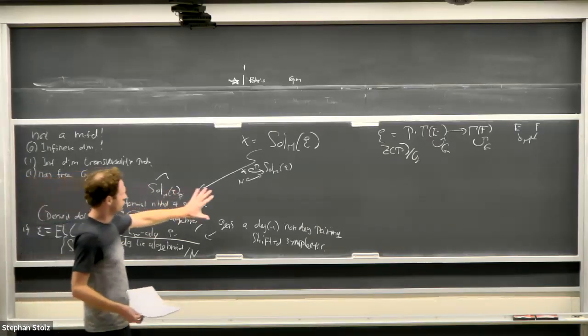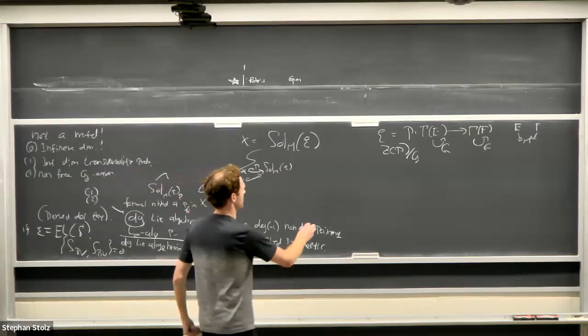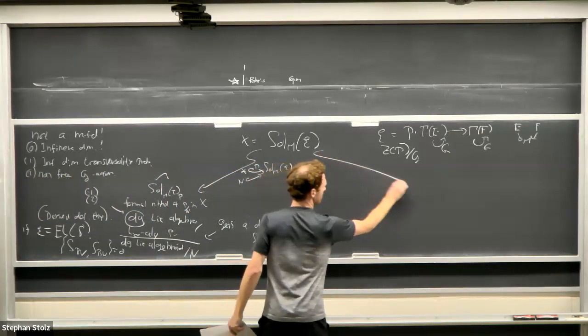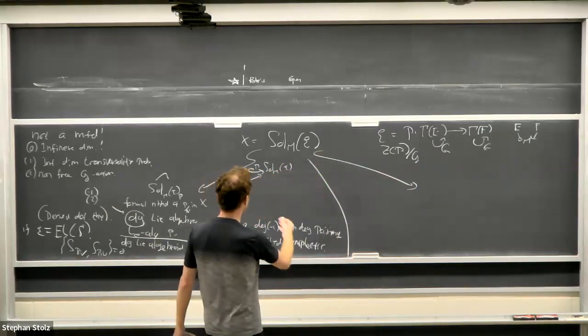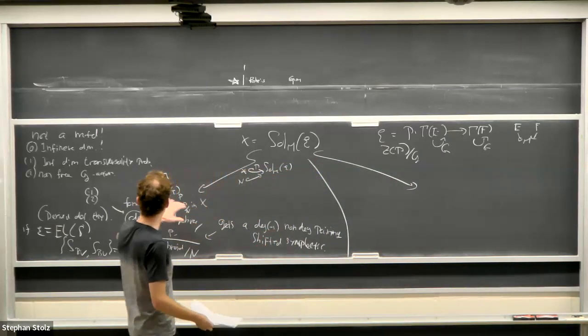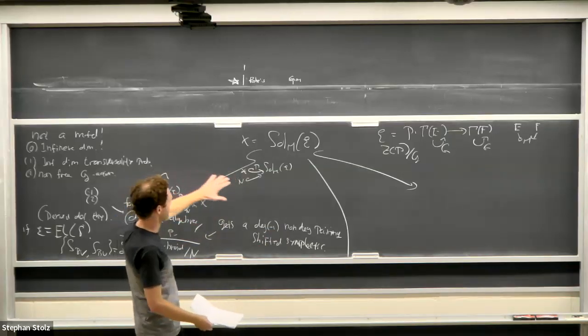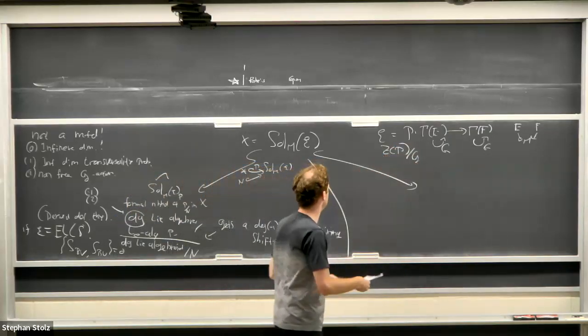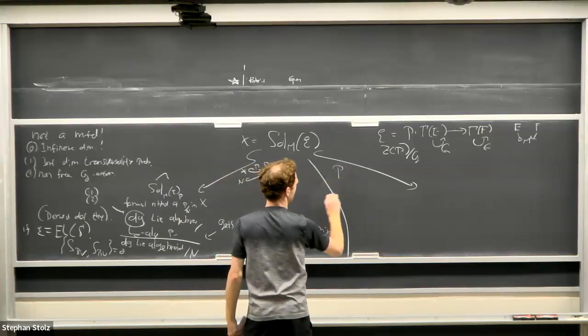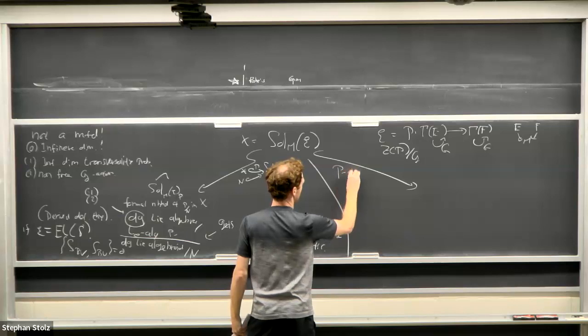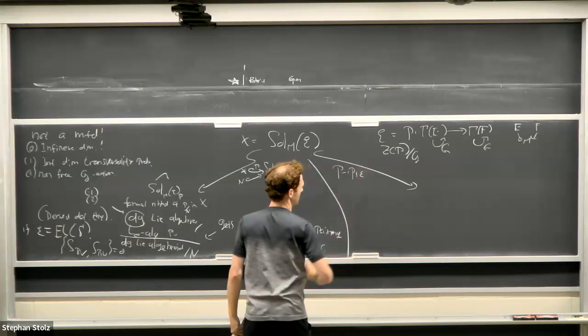So another way to approach this object is to do something slightly different. What you could do is, instead of looking at this possibly badly behaved map P, you could tweak it a bit to make it better behaved. So instead of looking at P, we're going to change P to some P plus epsilon.